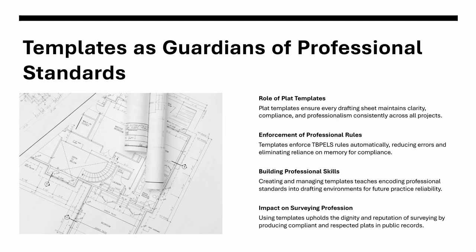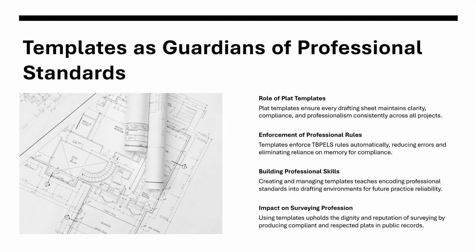First is the establishment and enforcement of firm standards. Every firm should maintain a standards manual that governs how plats are drafted. And this manual should specify our layer naming conventions, our line weights and symbology for boundaries, easements, and monuments, text styles and minimum font heights, title block requirements, standard notes and certification statements, and file naming and storage protocols.